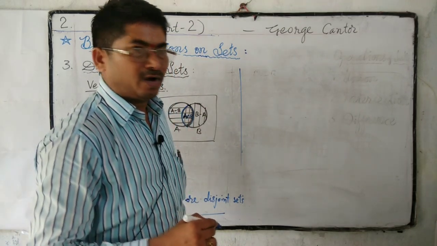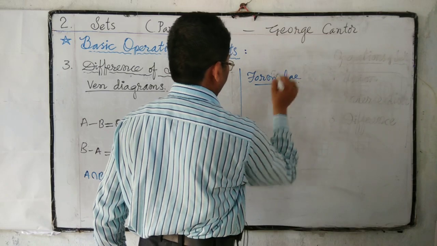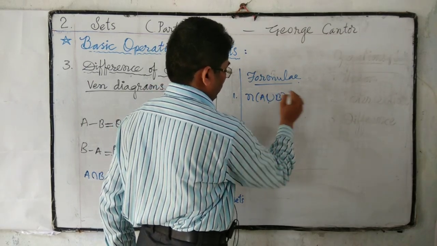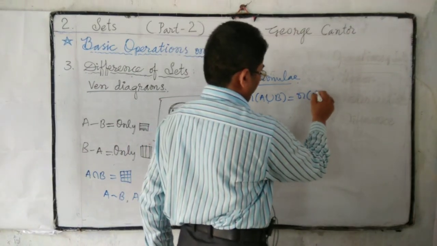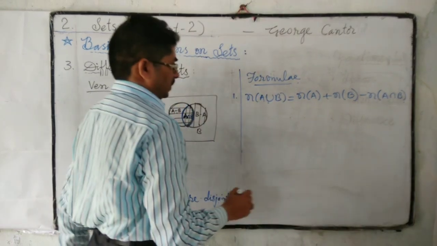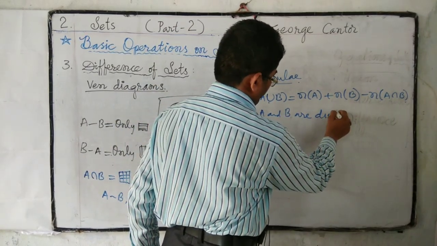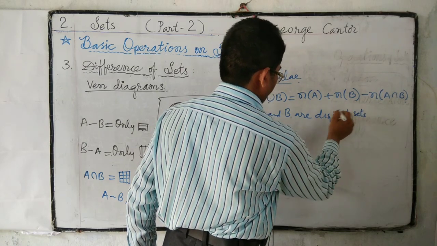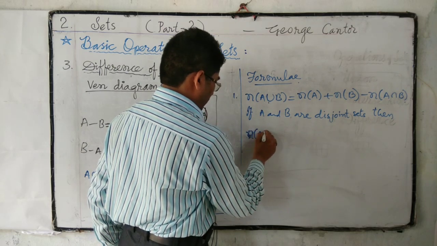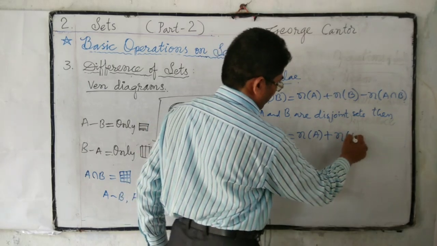In this chapter, we have two formulas. Number of A union B is equal to number of A plus number of B minus number of A intersection B. If A and B are disjoint sets, then number of A union B is equal to number of A plus number of B only.